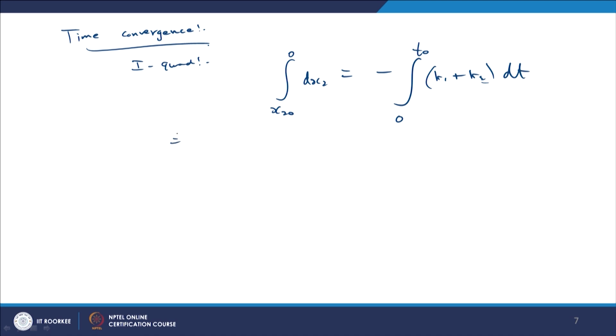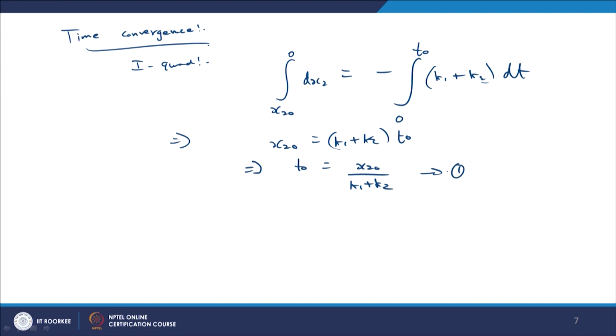So, now coming to the first quadrant, from x20 to 0, integral of dx2 is equal to minus integral from 0 to t0 of (k1 plus k2) dt. What we have after integration is x20 equal to (k1 plus k2) into t0, which implies t0 is x20 by (k1 plus k2), say equation 1.